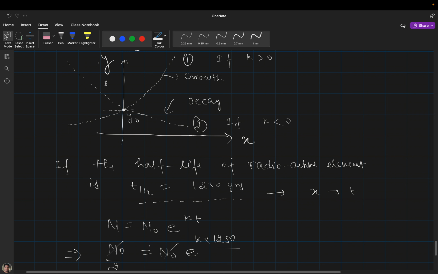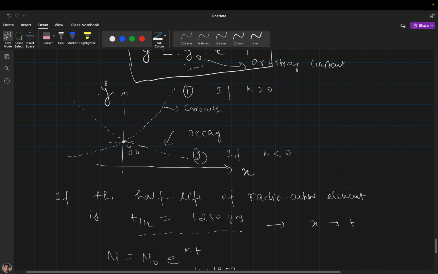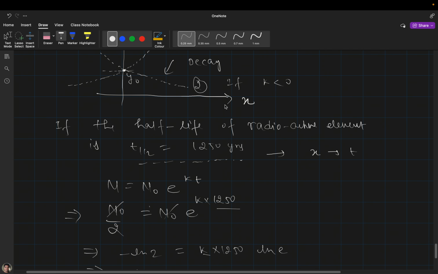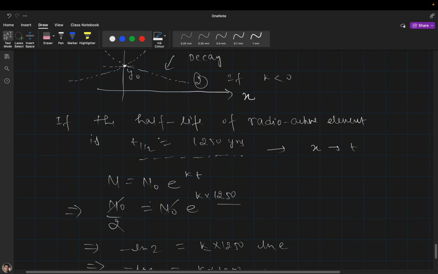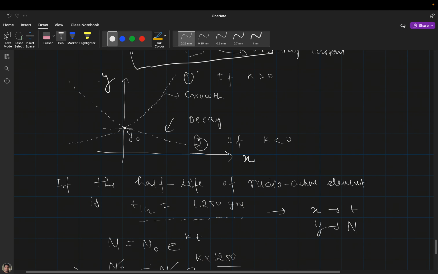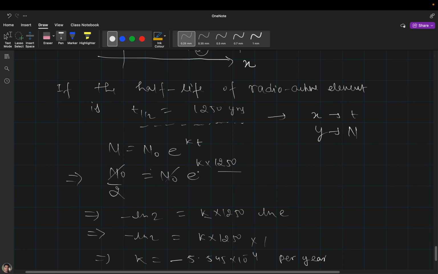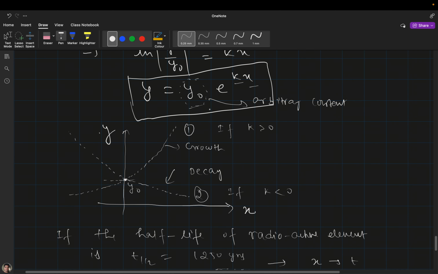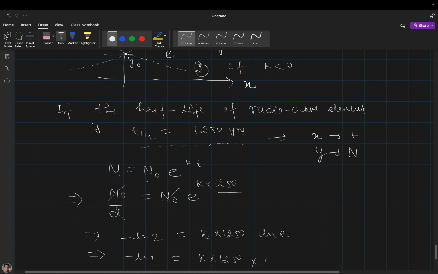This is a general form, but now I am simplifying to the problem of radioactive disintegration. So x will be replaced by t and y will be replaced by capital N. This is the same equation, just representing y as N and x as t. Fine? Okay.